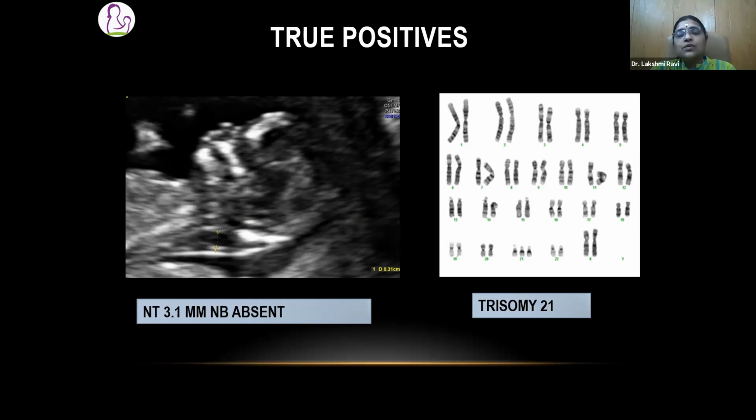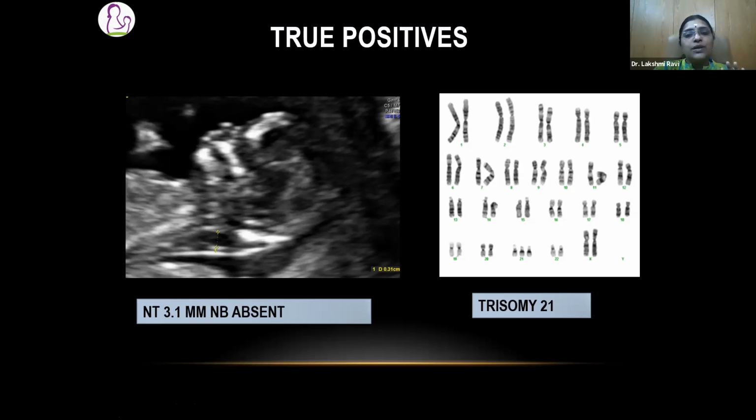The risk comes out as somewhere around 1 in 10, and then you do a karyotyping and identify that this baby has trisomy 21. You can see three copies here of T21, trisomy 21. You have some markers on ultrasound, and the baby turns out to be trisomy 21. So this is a true positive.